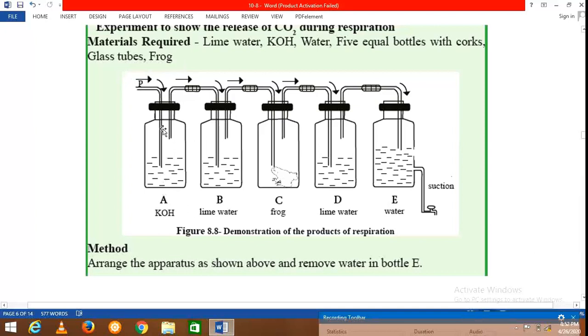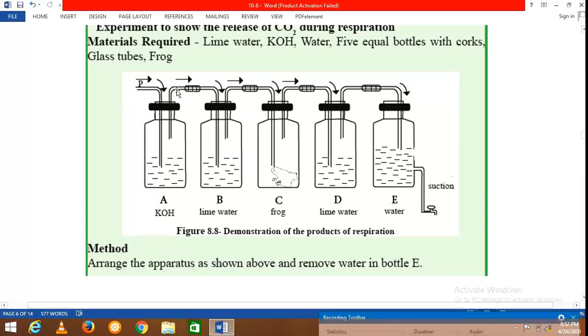You can see the 5 glass bottles are connected using the glass tubes, and in bottle A there is potassium hydroxide, and this tube is immersed in potassium hydroxide. The second tube is out of potassium hydroxide, it is in air.